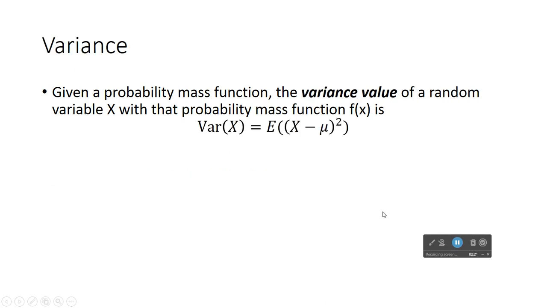Okay, the variance is related. If we have a probability mass function, we can define the variance, not the variance value, just the variance of the random variable x, as the variance of x is the expected value of (x minus mu) squared.